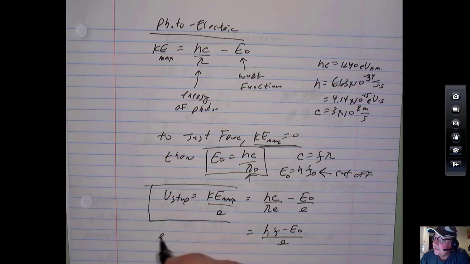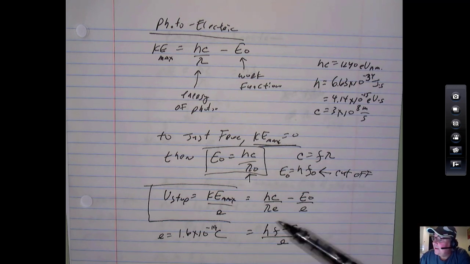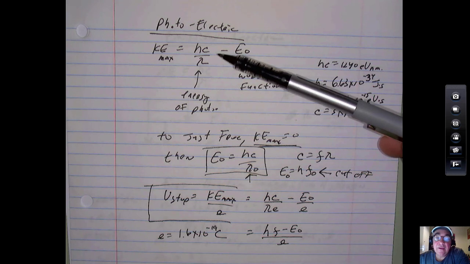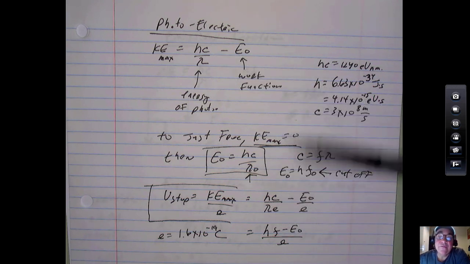This little e, just like we've seen from the first week, is this value. So the stopping potential would be hc divided by the wavelength times little e. I'm really just taking this formula here and dividing it by little e. That's what you're seeing here. Little e is the fundamental charge.